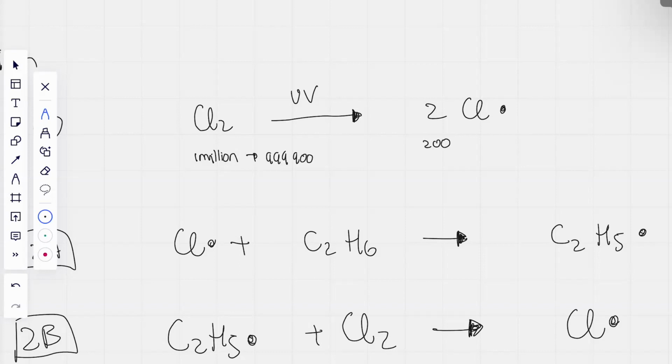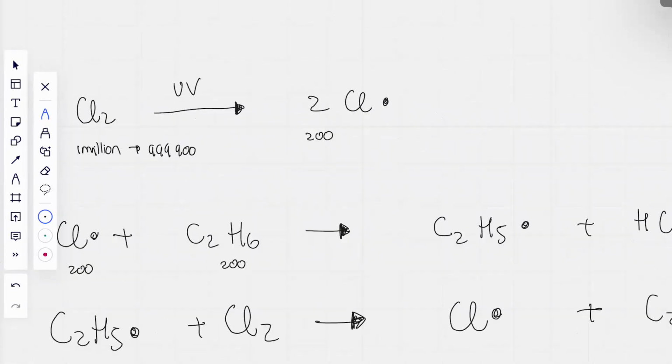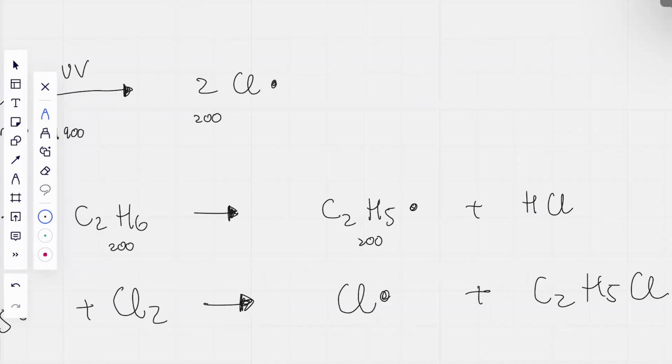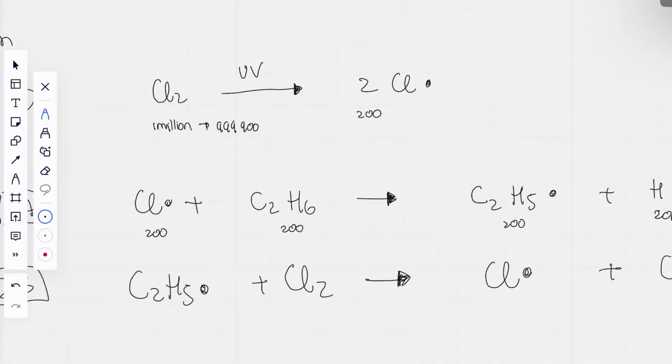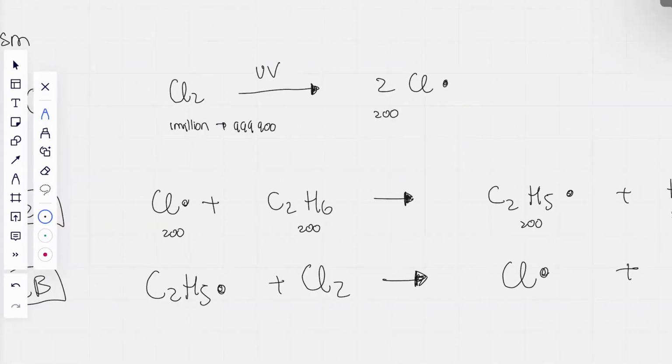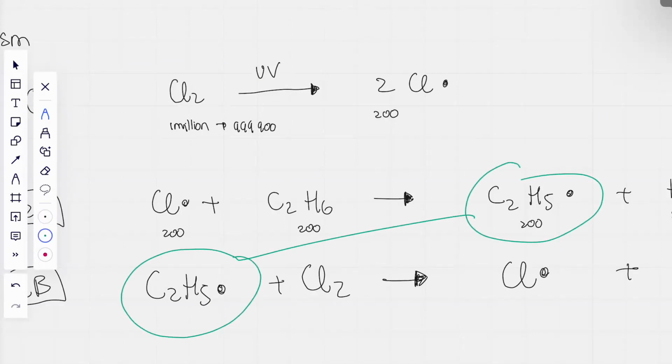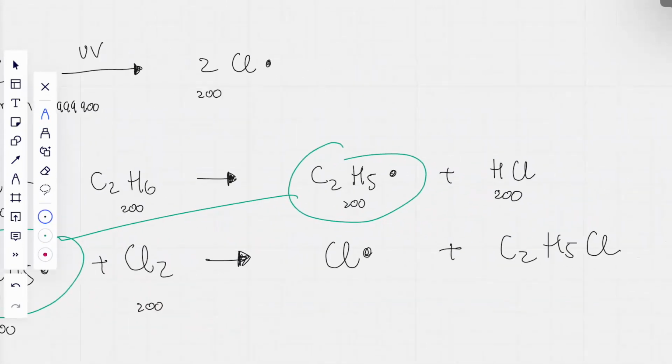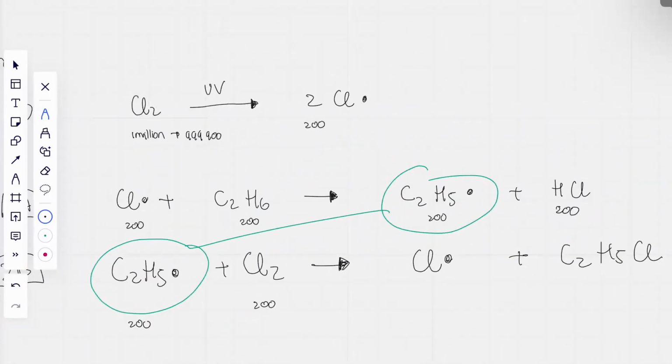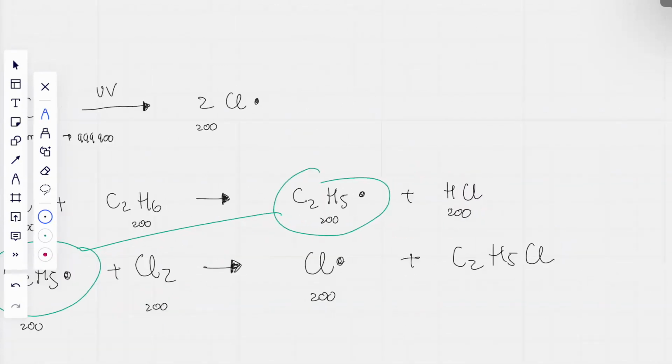So this is 200 here. It reacts with 200 C2H6, and you produce 200 C2H5 and 200 HCl. And this 200 C2H5 will react with 200 Cl2, and it will produce 200 Cl radicals and 200 C2H5Cl.